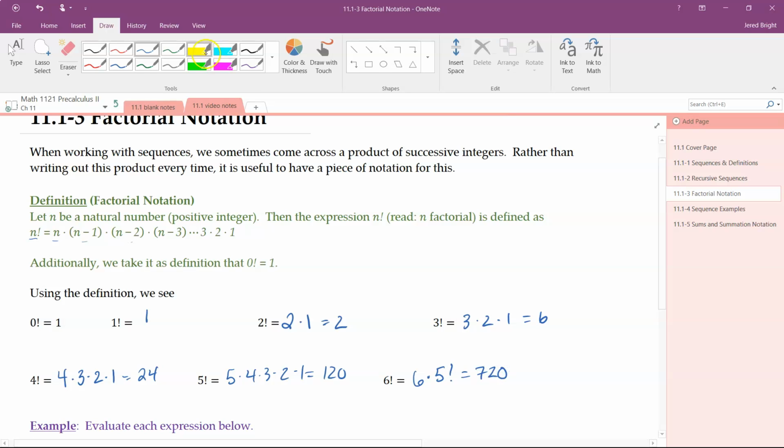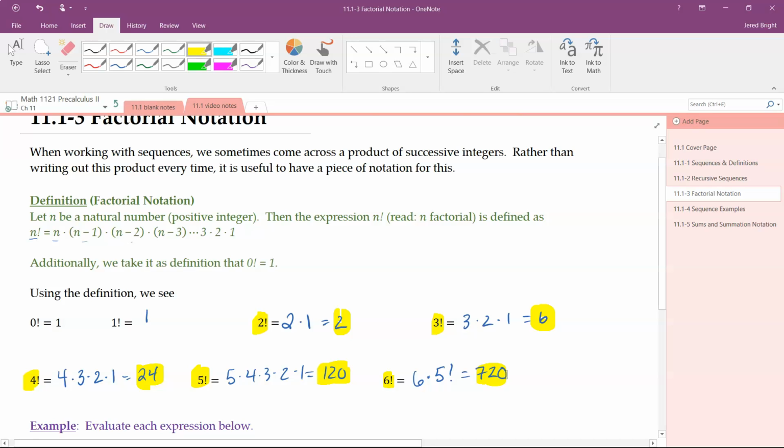The reason I had us do these is that these values of 2 factorial, 3 factorial, 4 factorial, 5 factorial, and 6 factorial happen to pop up quite often. So it would be useful to associate 3 factorial to 6, 4 factorial to 24, rather than repeatedly use the definition. You certainly can use the definition and it'll always work, but if you can commit those to memory, that would be great.